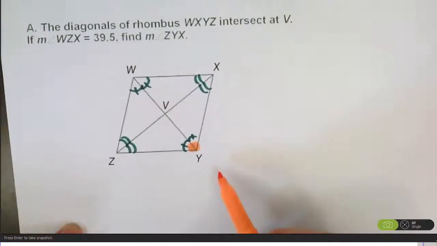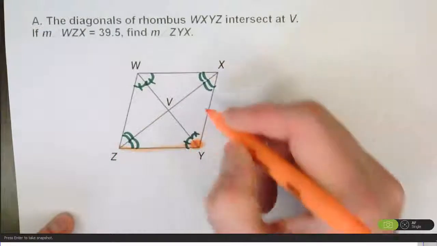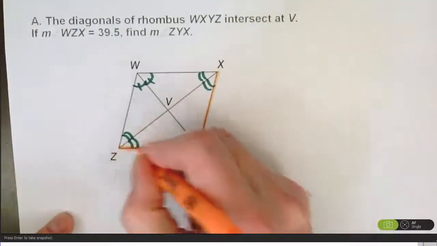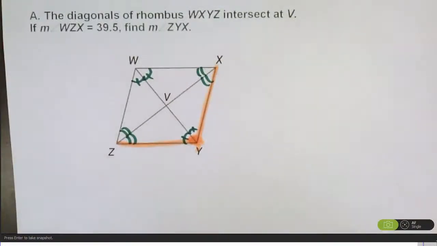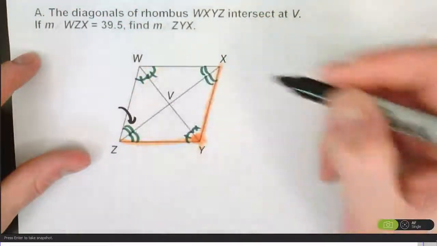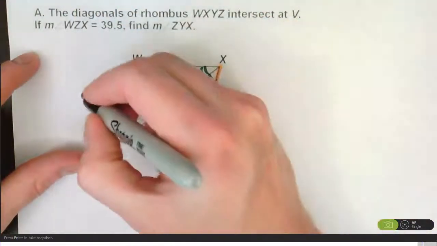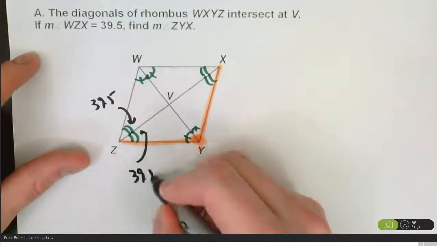That angle Y, because it says find the measure of angle ZYX. Well, I know that angle WZX, this angle here, is 39.5, which means this one has to be 39.5 too.